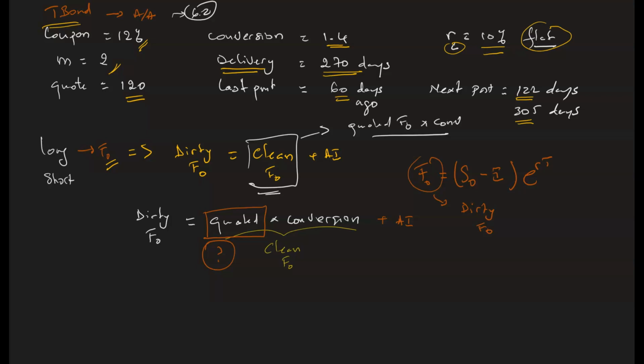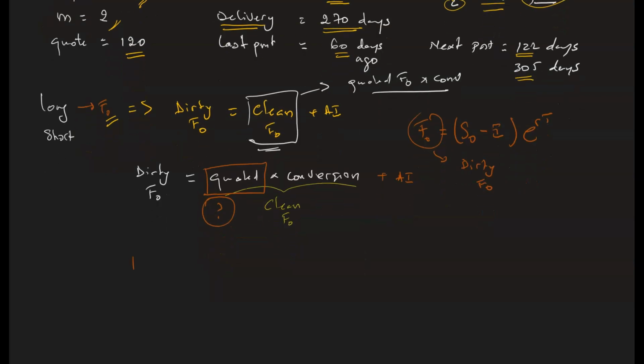We're going to use our dirty futures price to find our quoted futures price. To find our quoted futures price, we're going to find our dirty futures price, and our quoted futures price here is going to be equal to our dirty futures price, which is that value, minus accrued interest, because we are solving for this value here.